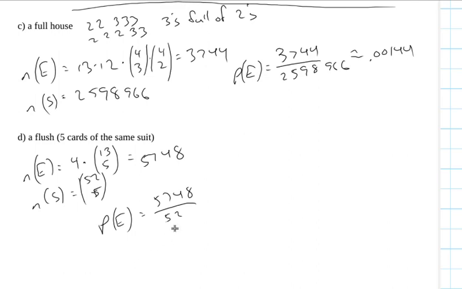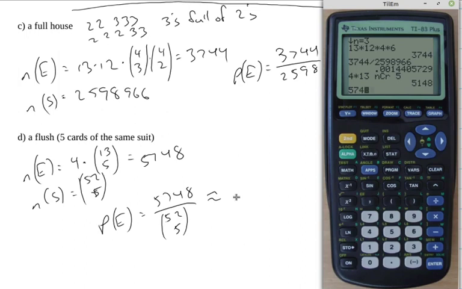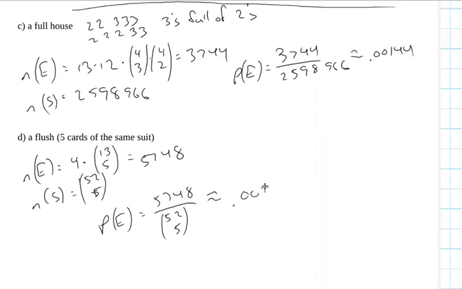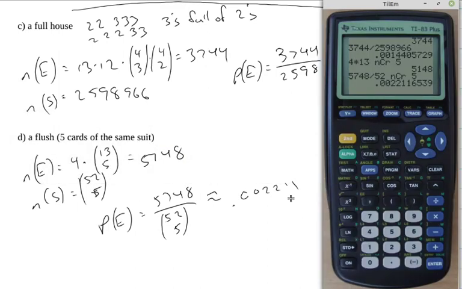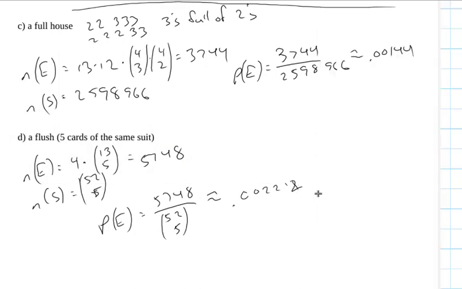Not 52 divided by 5, 52 choose 5, which is approximately... I don't know which is faster, typing in the 2,598,960 or 52 choose 5, but they're the same number. So in any case, we get 0.0020. Is that what I saw? Yeah, maybe that should be a 2. So 0.0022 is the probability of getting a flush.